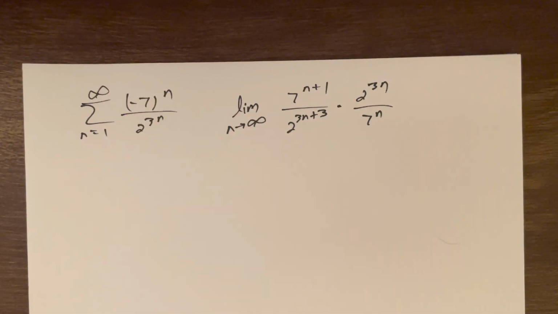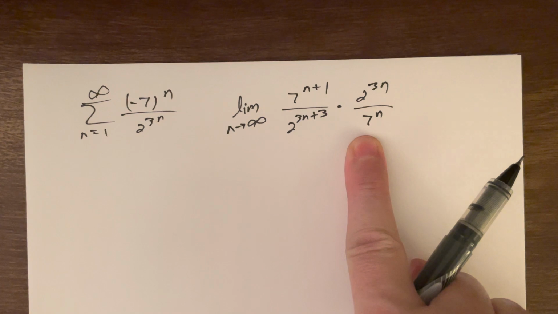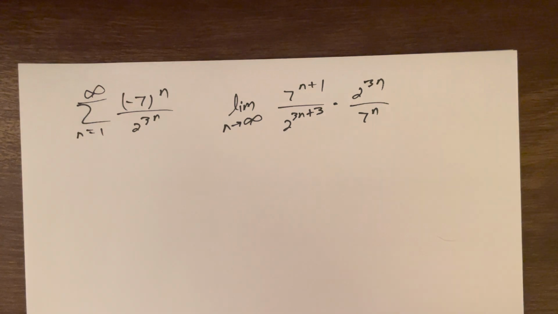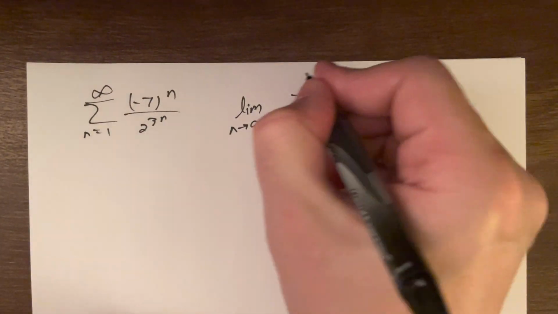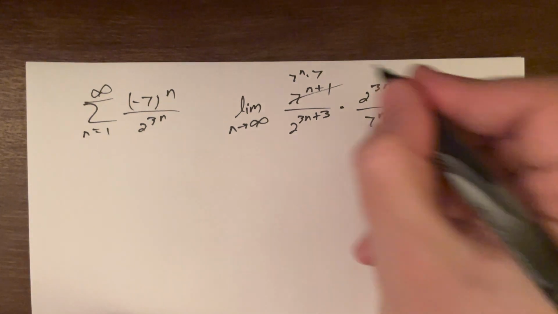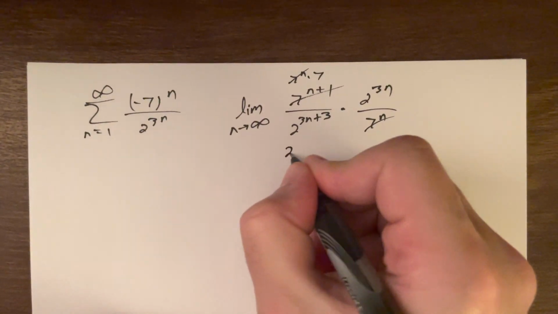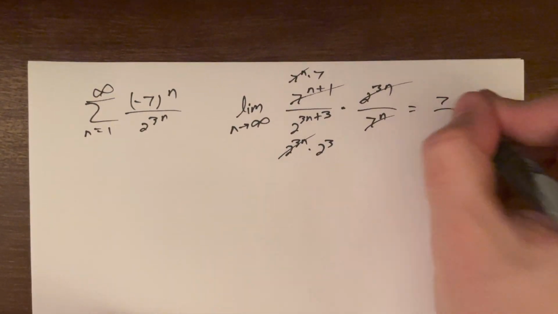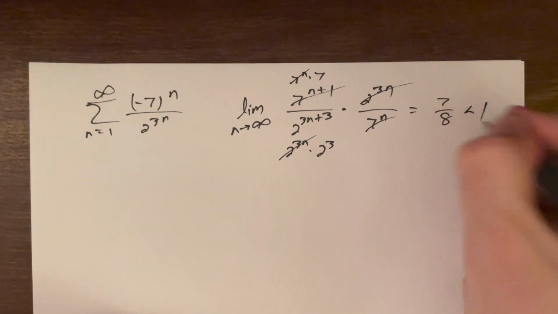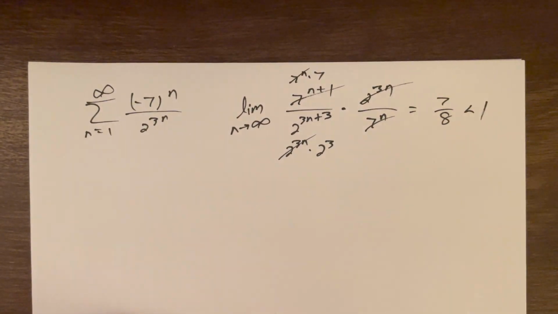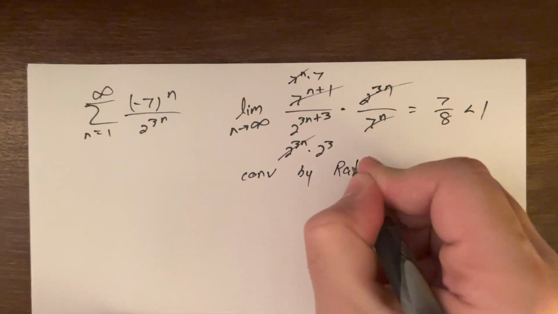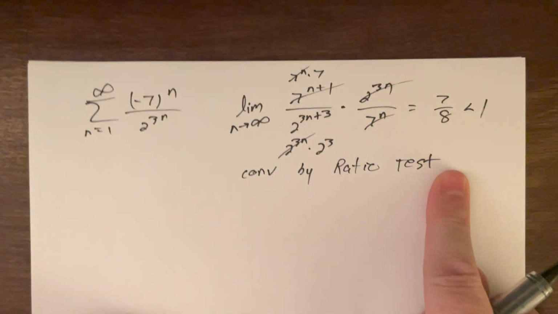There's a little second reason I'm showing you this problem in another form, just to show you there's nothing wrong at all if you're comfortable jumping to this point in the ratio test. Cleaning up, we've seen very similar things here. 7 to the n times 7, the 7 to the n's cancel. 2 to the 3n times 2 cubed, the 2 to the 3n's cancel, and once again this limit is 7/8. There's that value again, still less than 1, so we still get converges, but this time by ratio test.